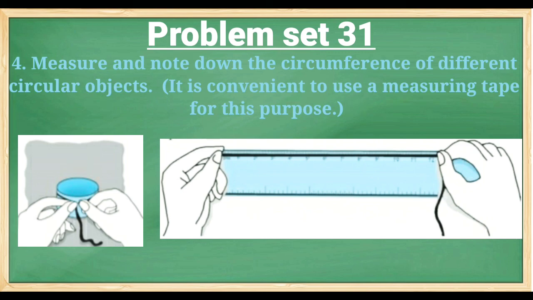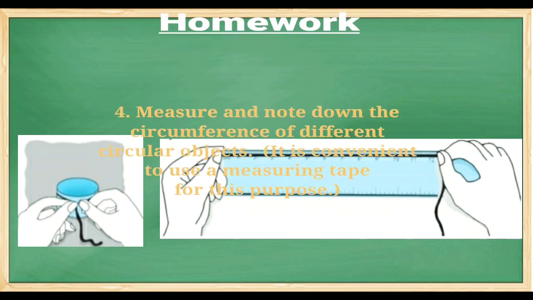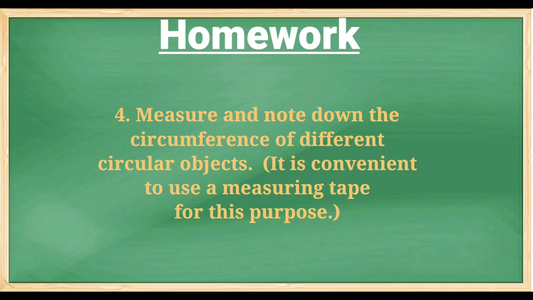Measure the straightened part with a ruler. The length thus obtained is the circumference of the circle or the given circular object. So following these steps, you are expected to measure and note down the circumference of circular objects. It will be always good if you use a measuring tape for the same.